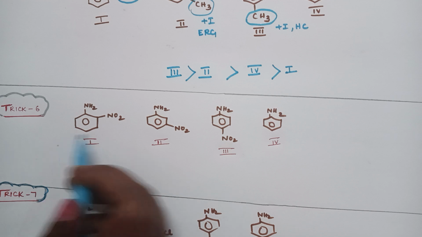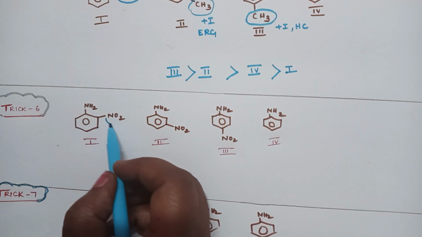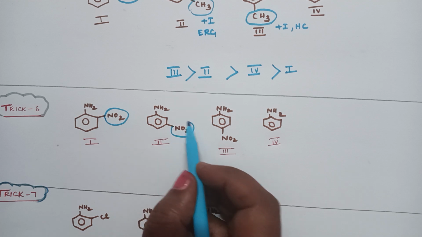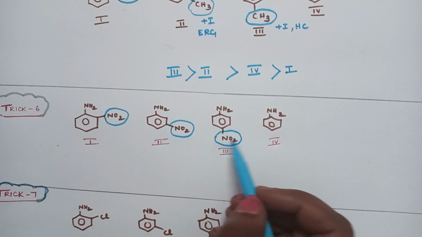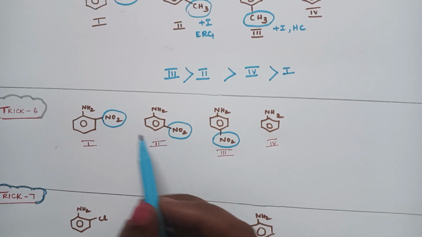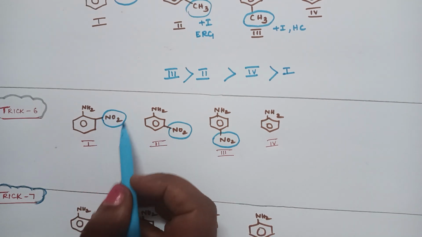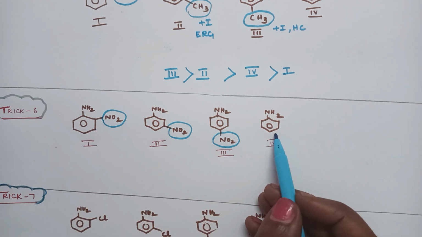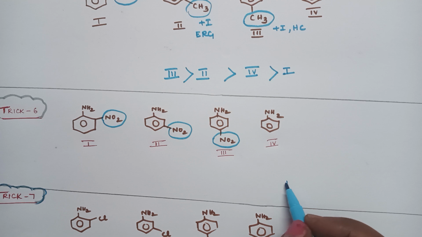So next example we will take. So NO2, what kind of group is NO2? NO2 is an electron withdrawing group. So if a group is present at the ortho position, it is always less basic than aniline. So we will write this first. This will be less basic than aniline.